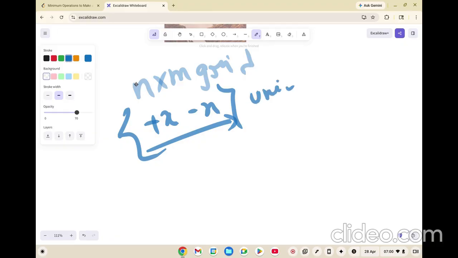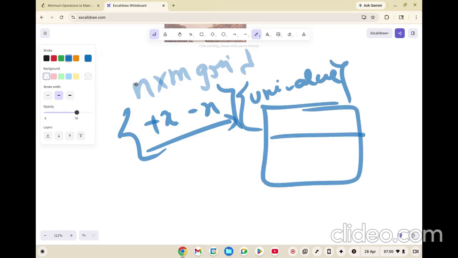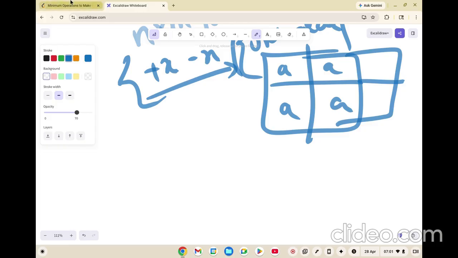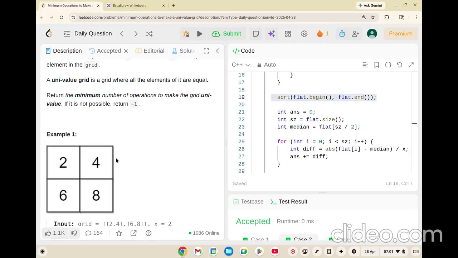I hope it is clear that every value should be the same. Let's say if this value is a, this should also be a, and so on. All elements should be a. Every element should coincide with any single element. And if it's not possible, you need to return minus one.